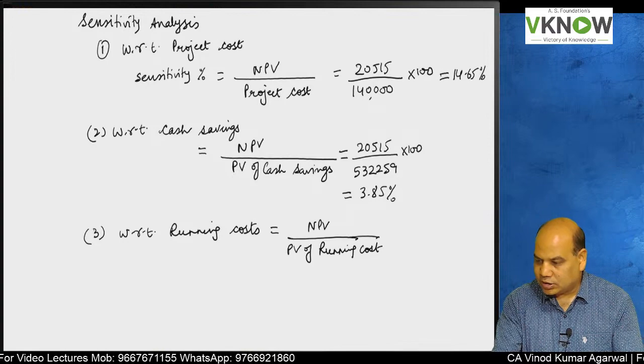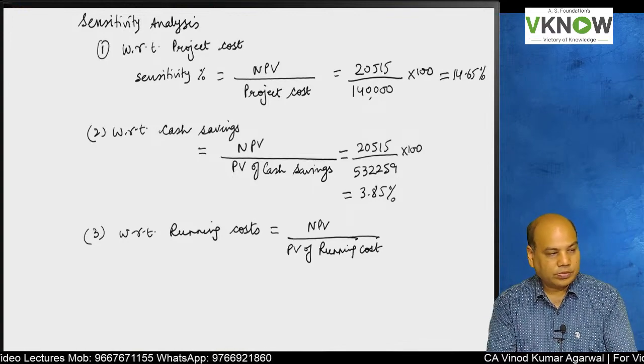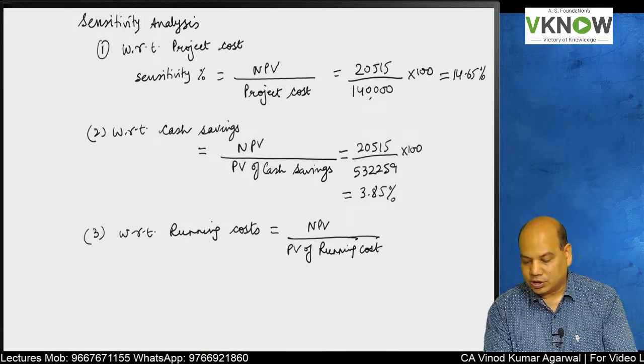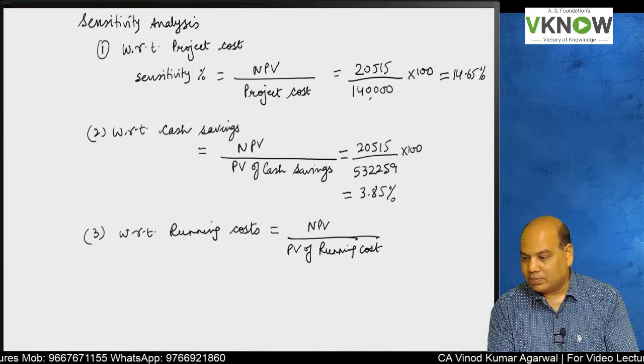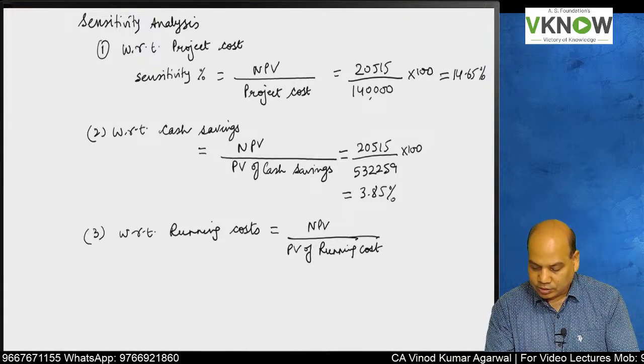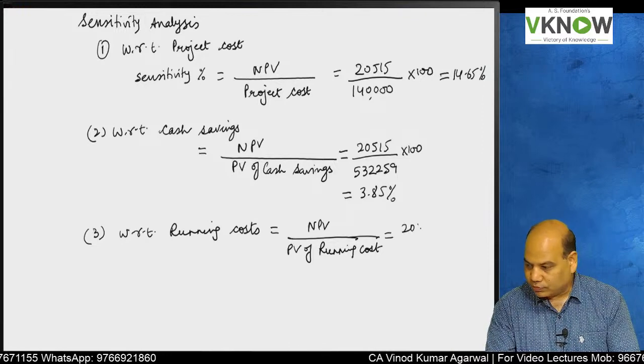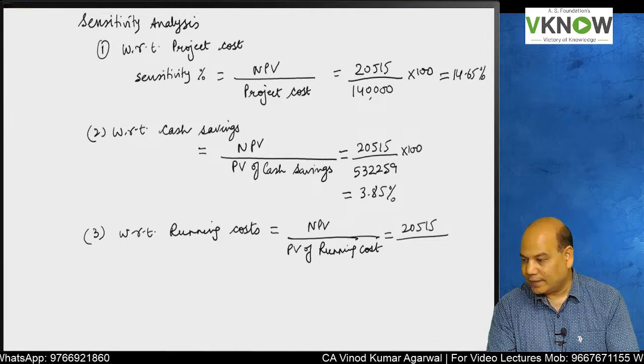When different years have different cash flows, we will simply compare NPV with the present value of that cash flow. So NPV is 20515. And how much was PV of running cost? Anybody?